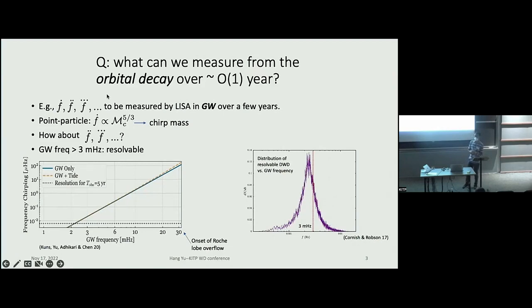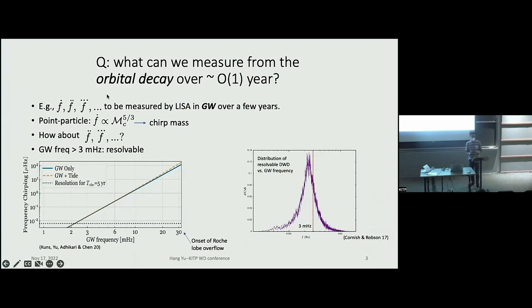The first thing we can get there is f dot, basically the first time derivative of the frequency. From this, we measure the chirp mass of the system. So the chirp mass is a specific combination of component masses.